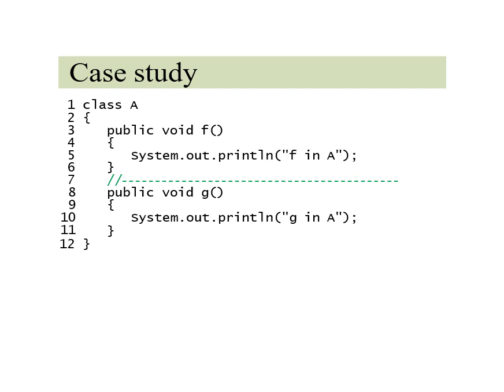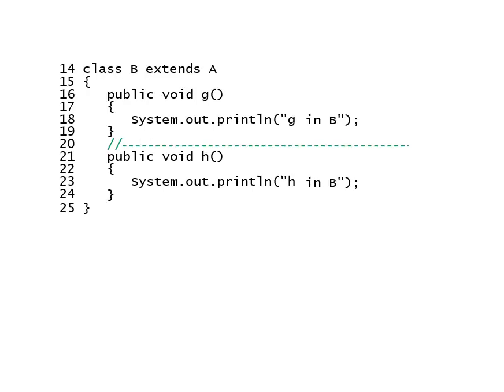So it's very easy when you look at your output, you know which method is being executed. So we have an F and G function. And then we have B, which is a subclass that extends A, which has a G. I said function. I should have said G method. Remember, sometimes I say function rather than method. In this one, we have two methods, a G method and an H method.